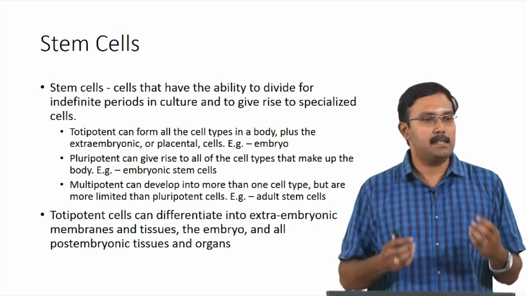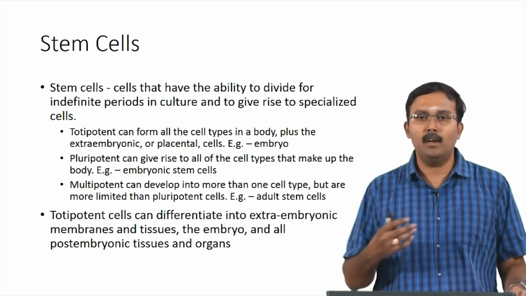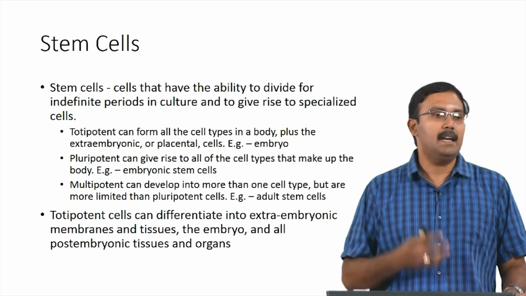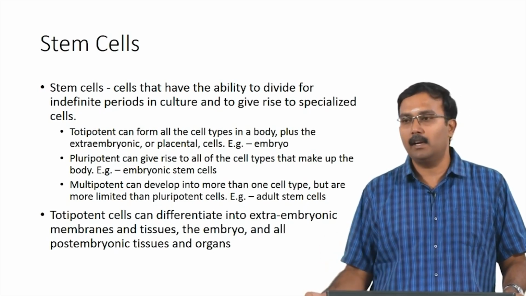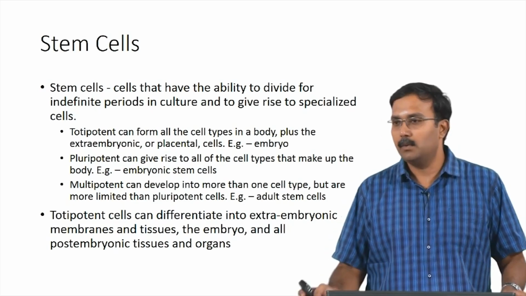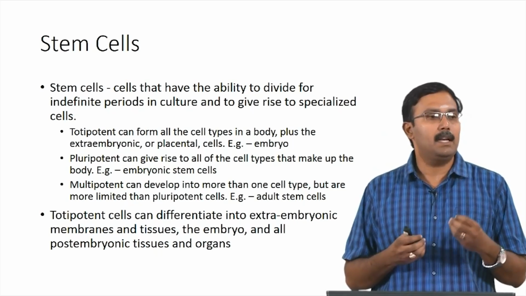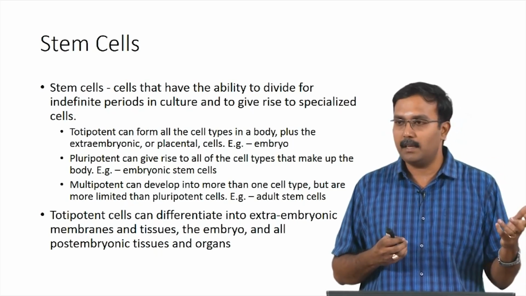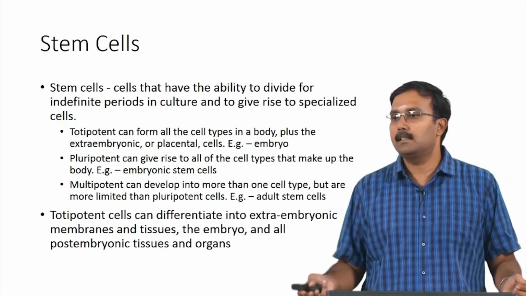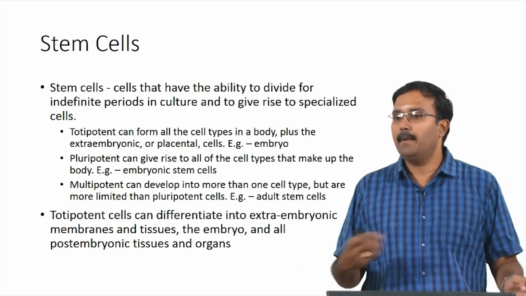Totipotent stem cells are the cells which can form all types of cells in the body and the extra embryonic cells, which is the placenta, right. The embryo and the first few divisions of the embryo are the totipotent stem cells which can actually form any type of tissue.